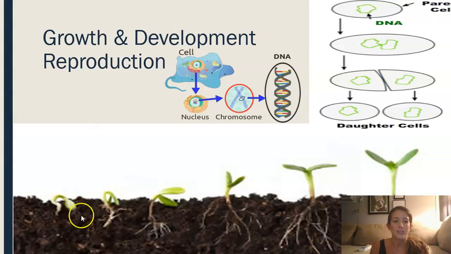If we had a seed, just getting bigger really doesn't happen. As our seed grows, it's developing, or changing. So we see your root system starting to develop, stems, maybe some leaves. So it's starting to get larger, but it's also changing.